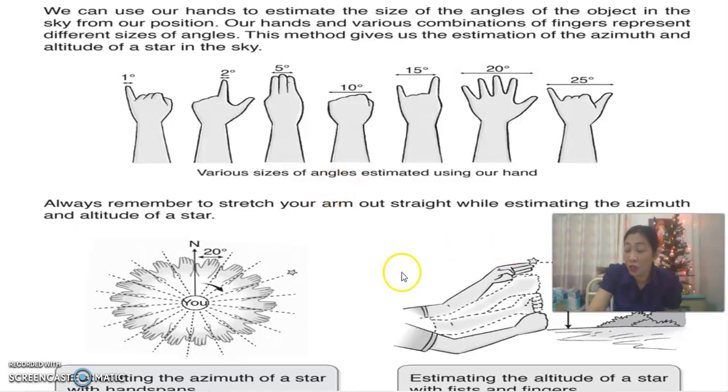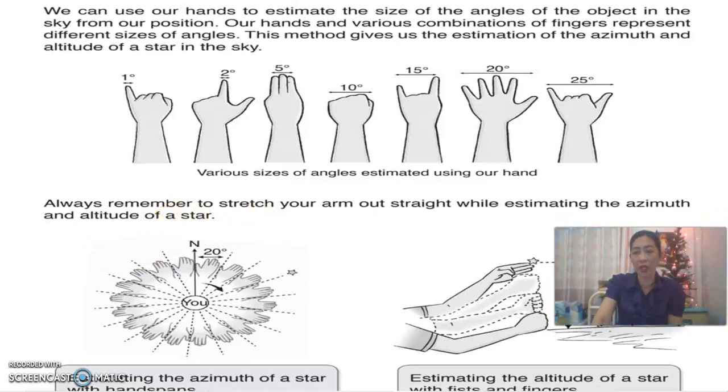Then find the north, keeping your arm straight while estimating the azimuth and altitude of a star. So you need to find where the north is. If you see the north, you can start to find the stars using your hands and fingers.